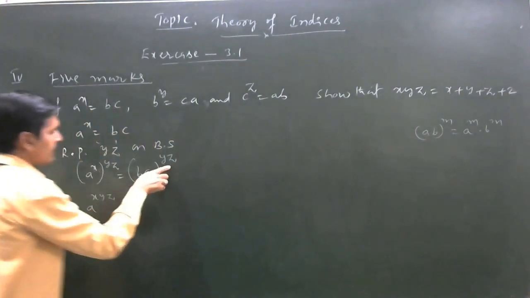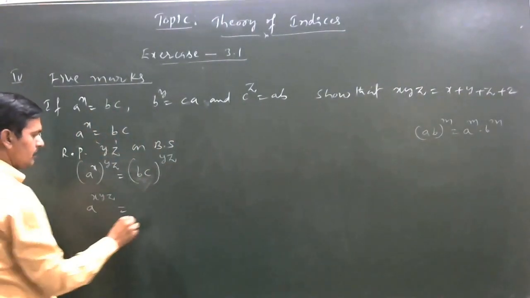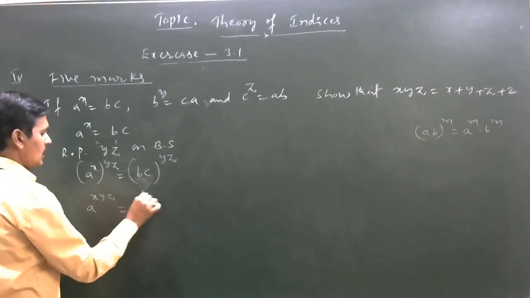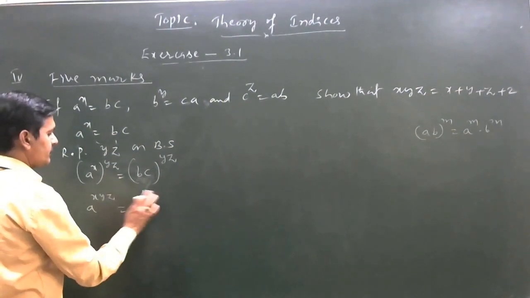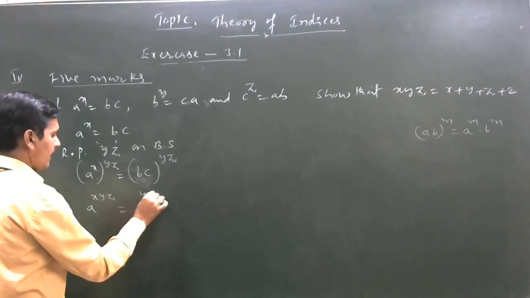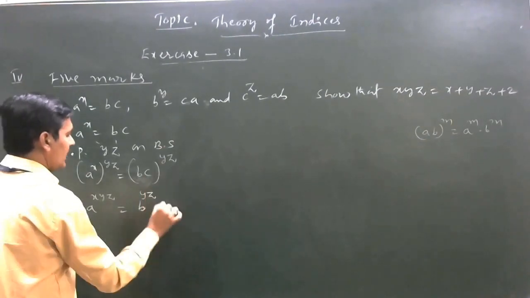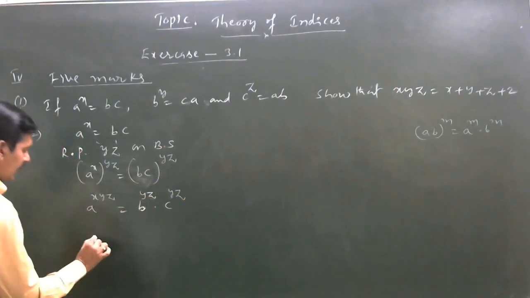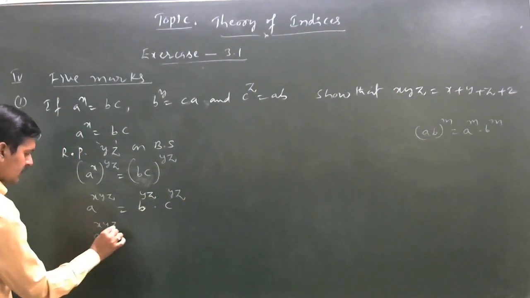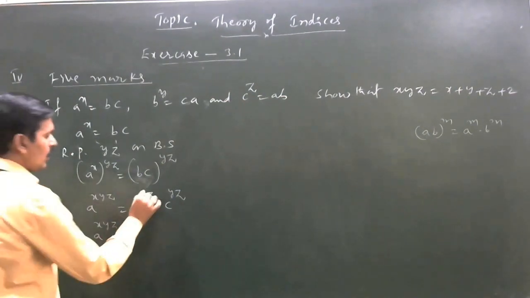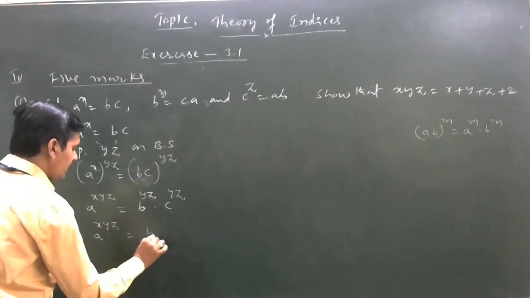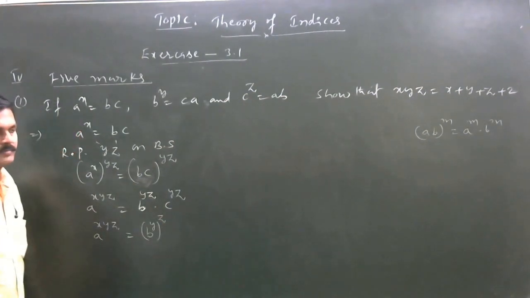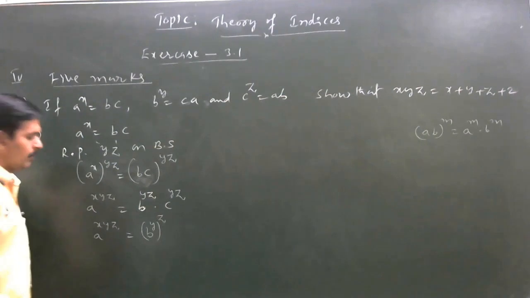Here also this power is applied to both terms: b power yz, next c power yz. So a to the power of xyz is equal to b power yz, which can be written as b power y and whole power z.